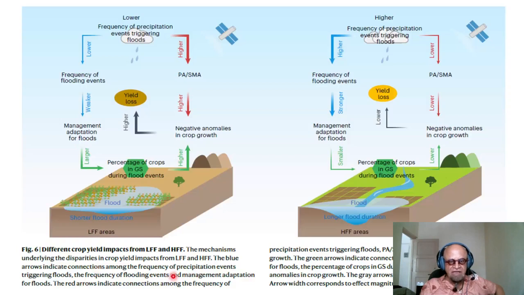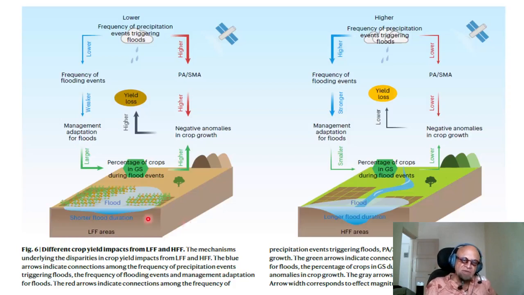The red arrows indicate connections among the frequency of precipitation events triggering floods, PASMA, and negative anomalies in crop growth. The green arrows indicate connections among management adaptation for floods, percentage of crops in GS during flood events, and negative anomalies in growing season versus crop growth. And the gray arrows indicate the final impact on yield loss. Arrow width corresponds to the effect of magnitude.